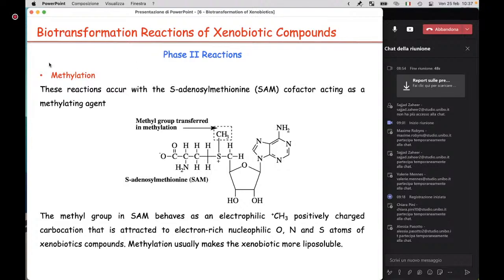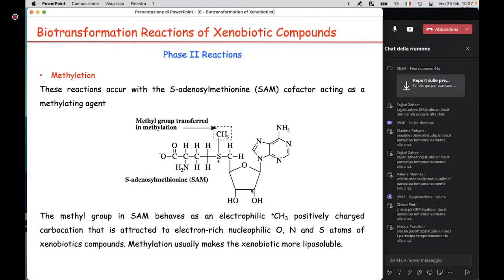Another important reaction is methylation. Methylation happens with the transfer of a methyl group onto the target molecule. Again, as we have seen for glucuronic acid, here we have a methyl group which is attached to a high energy bond here. And again, you can see this structure, which is very frequent with high energy compounds in the body, okay, a recurring leitmotif.